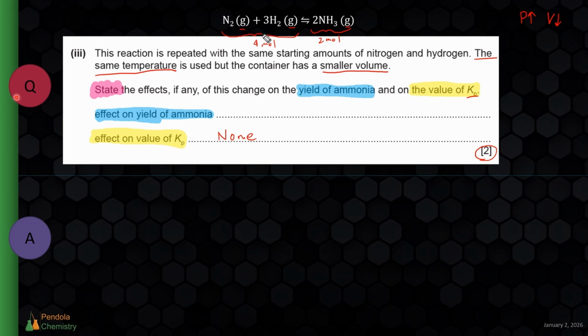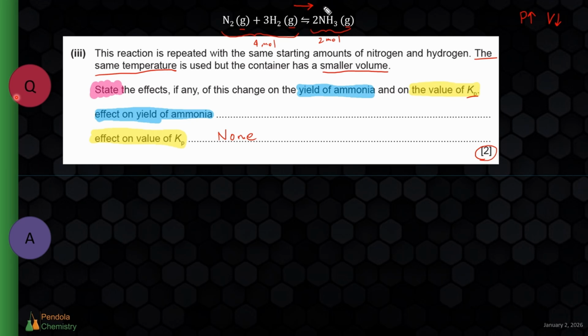Since the reactants have 4 moles of gas and the products have 2 moles of gas, because we increase pressure by decreasing the volume, this equilibrium is going to shift to the right, to where there are fewer moles of gas, which is going to lower our pressure. Again, Le Chatelier's principle: the equilibrium is going to shift to counteract the change.